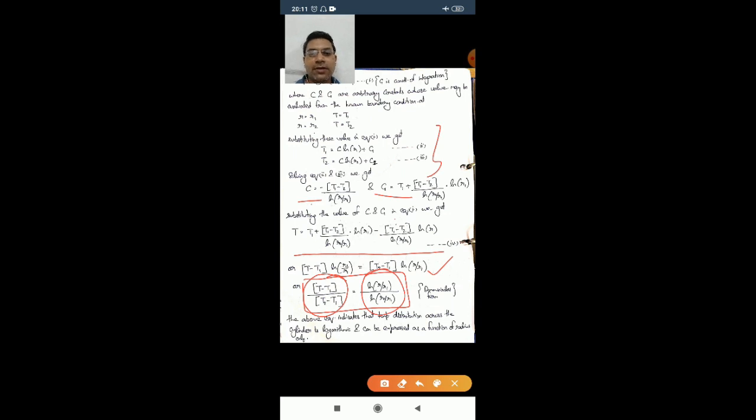As you can see, it is a log function, so the temperature distribution will be logarithmic, and moreover this logarithmic function is a function of radius only, as you can see, ln r over r1 or r2, so it is a function of r only.